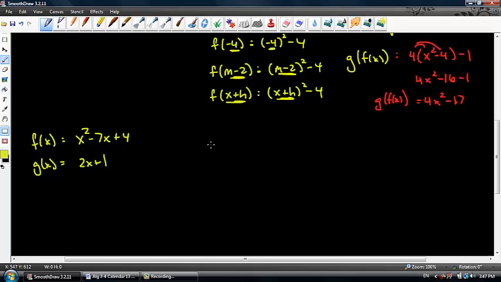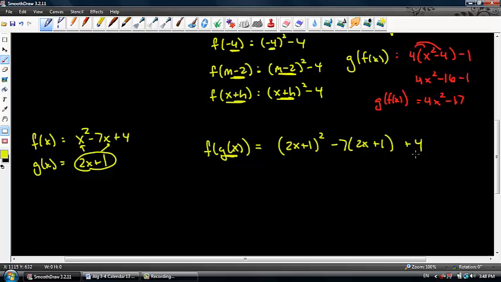If I asked us to find f of g of x, again, think about it in terms of inner and outer. The innermost function is g of x, so that means that g of x is going to go inside f of x. Now there are two x's in f of x, so it's going to replace it twice. So that is parentheses 2x plus 1 squared minus 7 times 2x plus 1 plus 4.